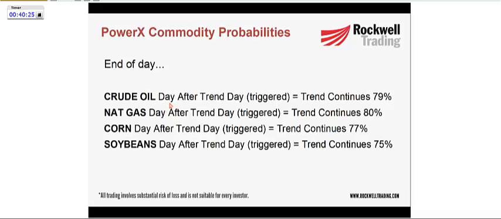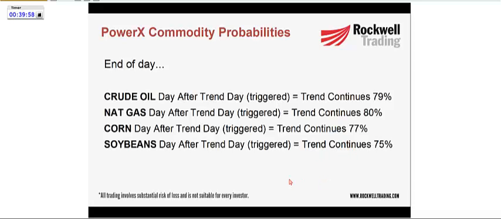Crude oil, 79% of the time. Natural gas, 80% of the time. Corn, 77% of the time. Soybeans, 75% of the time.